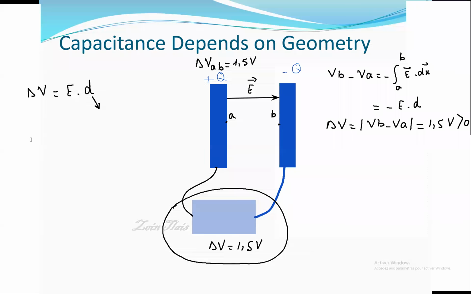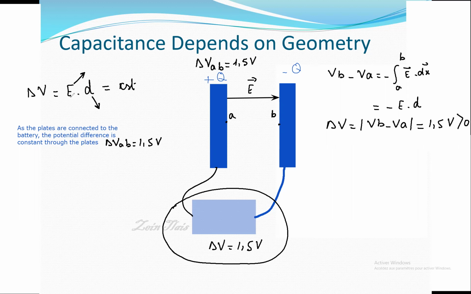We can say simply, as the plates are connected to the battery, the potential difference is constant through the plates, delta V AB equals 1.5 volt. We have delta V constant, so the total value here must be constant. If we decrease D, E must be increased to get a constant value as result.